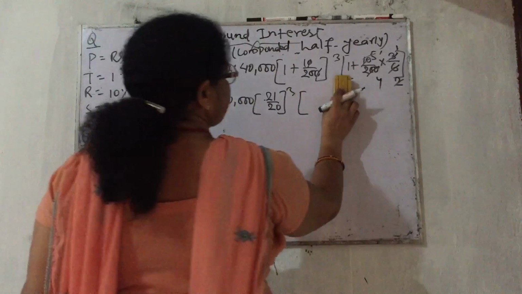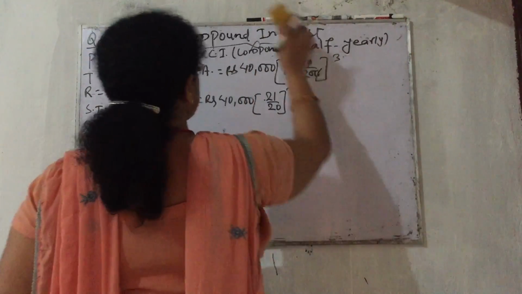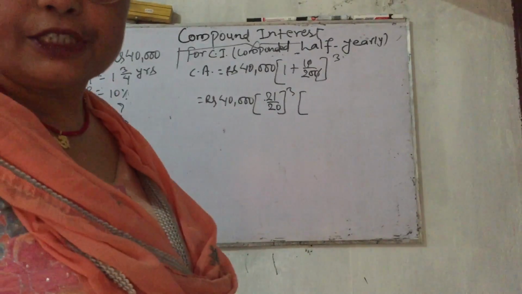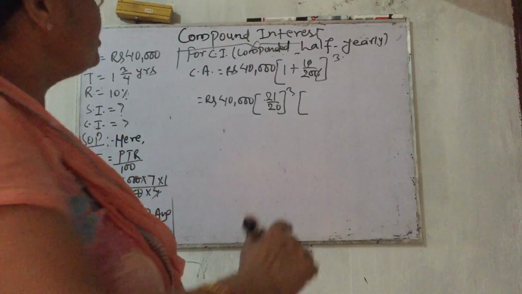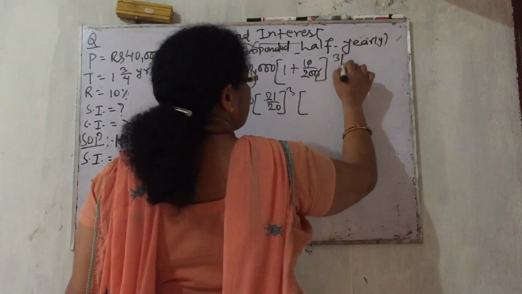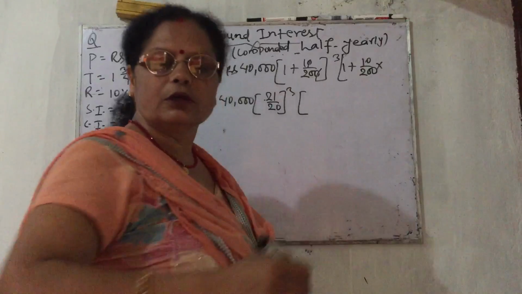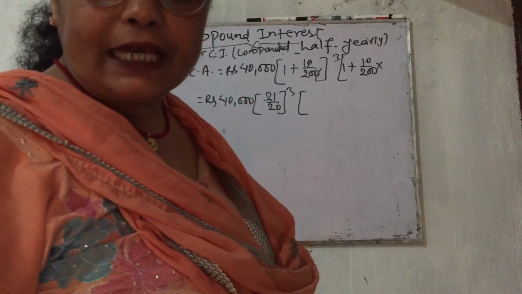Somewhere I made a mistake, I think. Let me check. It will be 1 plus 10 by 200 into 3 by 6.